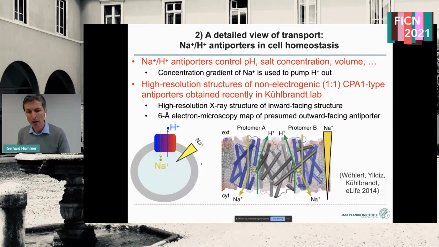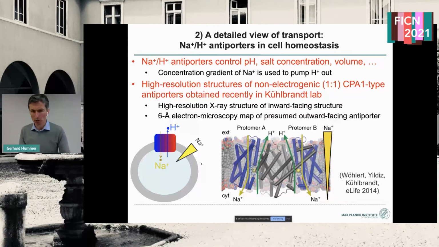And so we now have the structures of a number of sodium proton antiporters, and recently we also obtained several antiporter structures of the so-called CPA1 type family, which are non-electrogenic, where you have the exchange of one proton against one sodium ion.